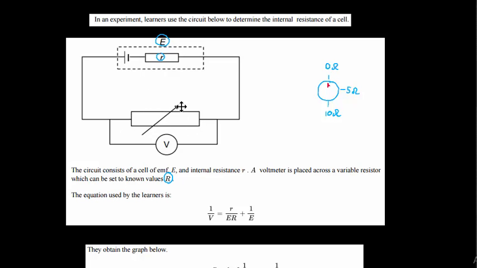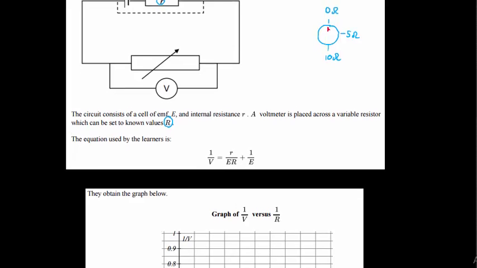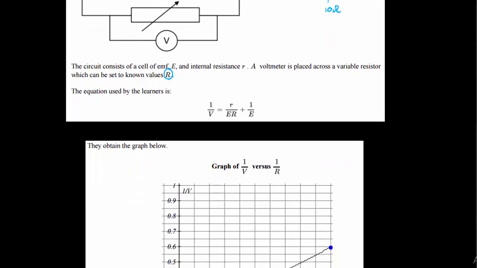They're going to change this variable resistor over time, and then just measure the voltage across the variable resistor itself. Since it's the only resistor here, this voltage is equal to the total external voltage supplied, and this is what they find.